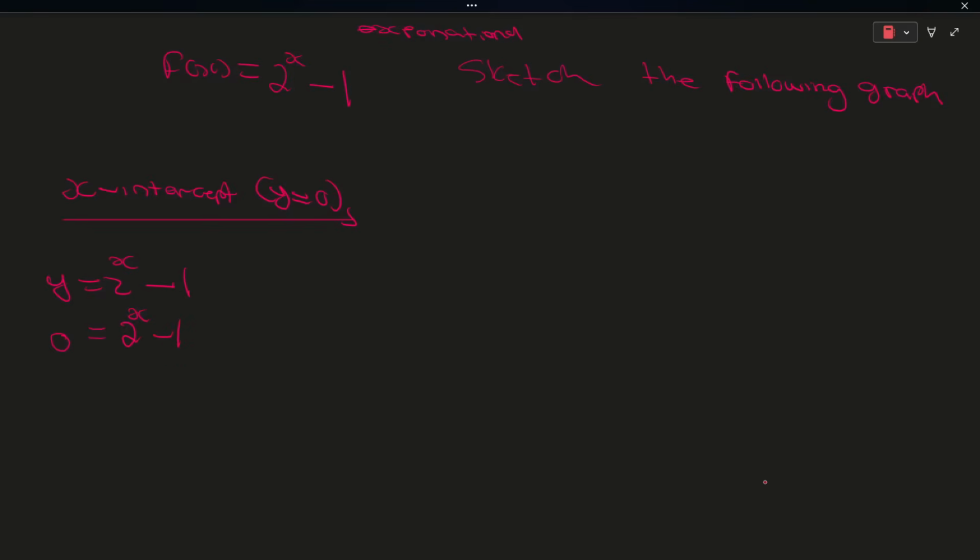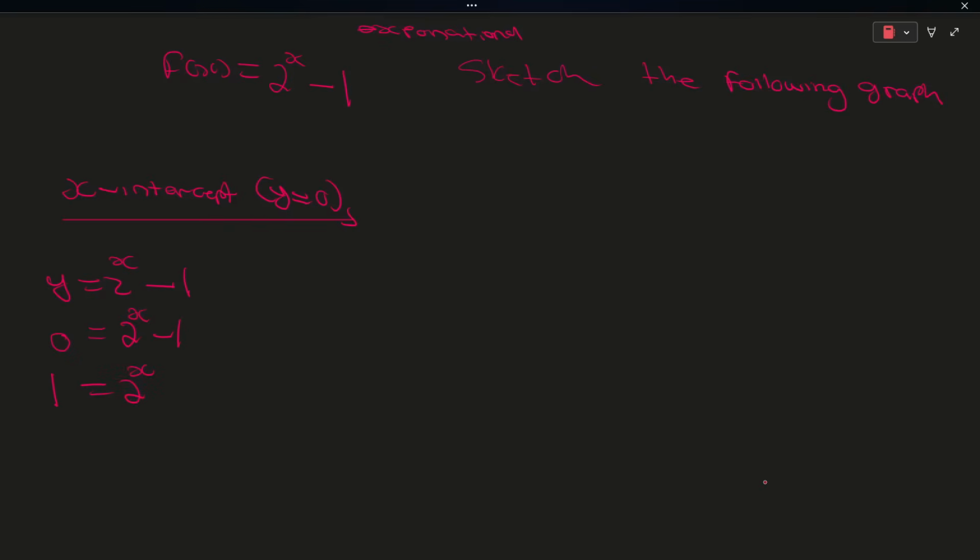Now the thing I have to do is take this minus 1 to the other side. Then it's going to be 1 is equal to 2 to the power of x.